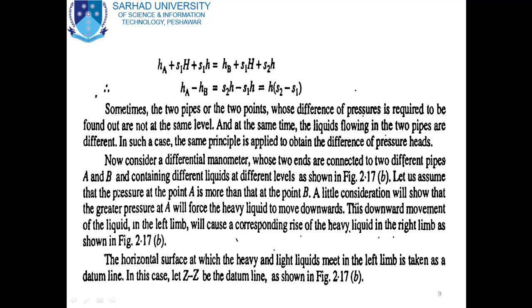Let us assume that the pressure at point A is more than the pressure at point B. A later consideration will show that the greater pressure at A will force the heavy liquid to move downward. This downward movement of the liquid in the left limb will cause a corresponding rise of the heavy liquid in the right limb as shown in figure 2.17b.